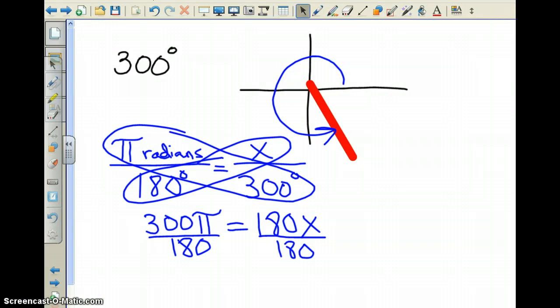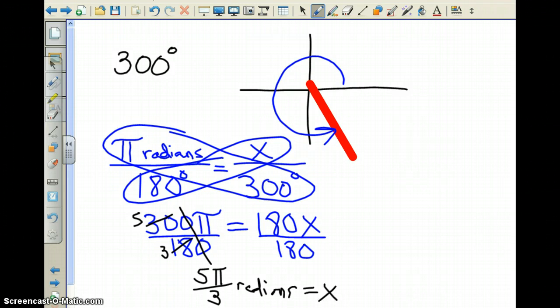And now what I'm going to do is just simplify this fraction over here. These zeros would cancel out. 30 and 18 I could reduce by 6. So this would be 5 pi over 3 radians.